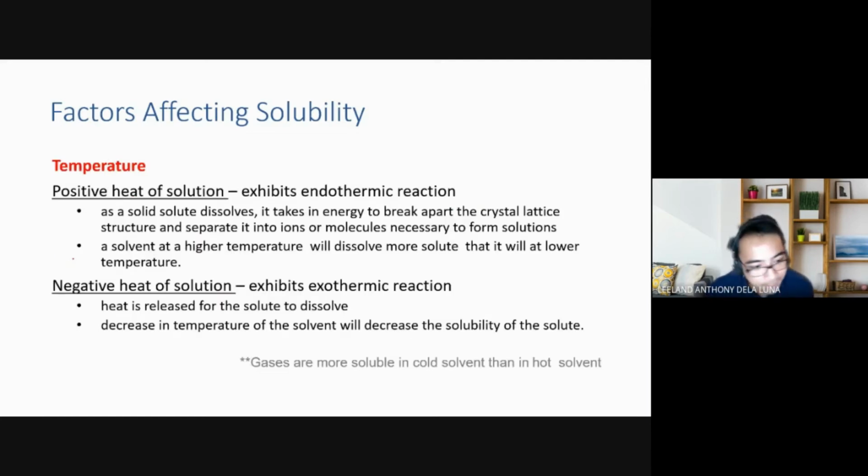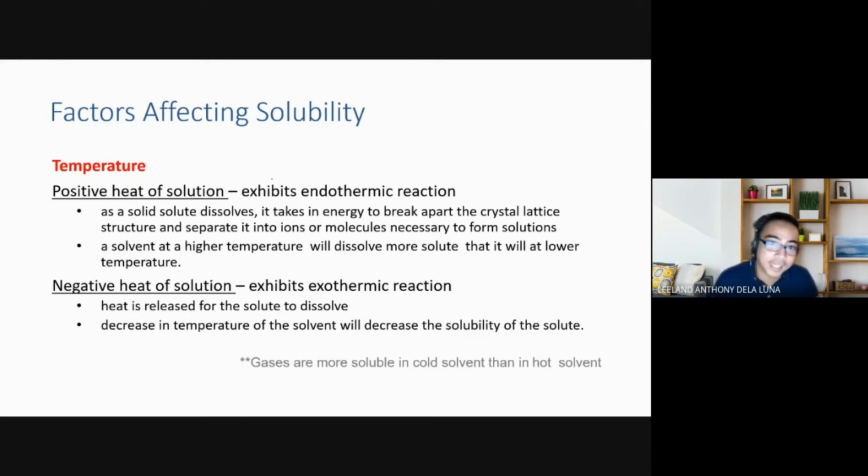So temperature, class, dalawa lang naman ang dyan, exothermic or endothermic. Pag sinabi natin endothermic, ibig sabihin it's absorbing heat. The solution is absorbing heat. Kaya positive ang heat. Papasok sa kanya. Pag negative heat ng solution, ibig sabihin, heat is leaving from the solution itself. Now, how does temperature, class, play a vital role in terms of solubility?